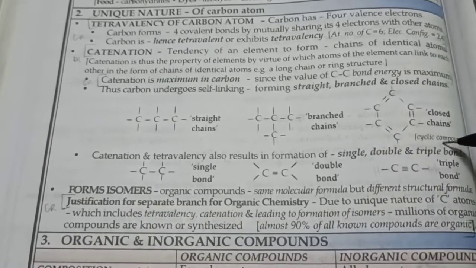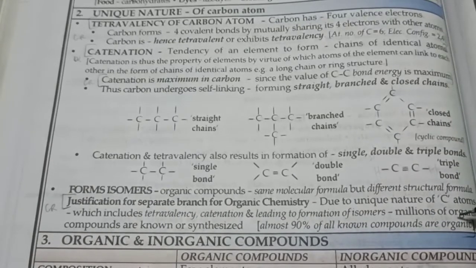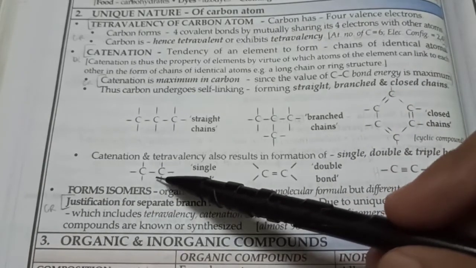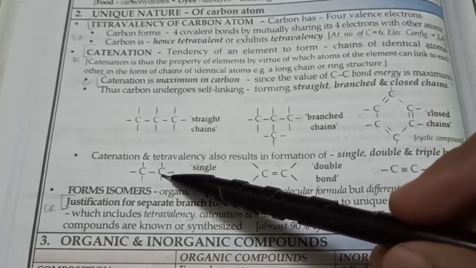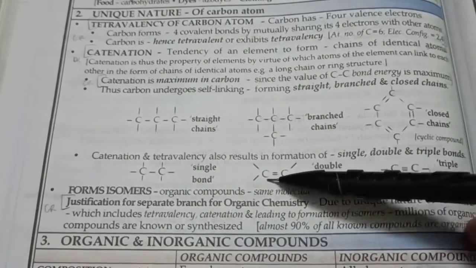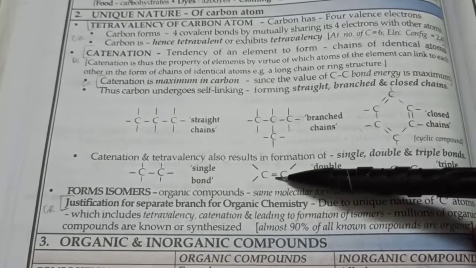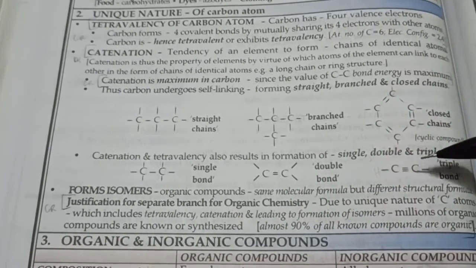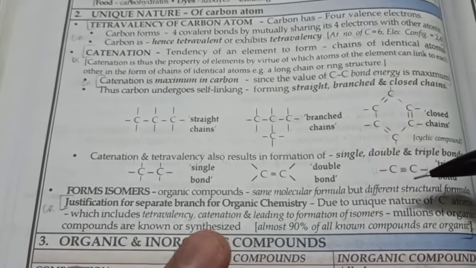Now that is a proper compound. So if there are only single bonds in the hydrocarbon, it belongs to a family called alkanes. If we have even one double bond between carbon-carbon, it belongs to a family called alkenes. And if there is a triple bond visible, then the compound belongs to the family of alkynes. More about this shortly.